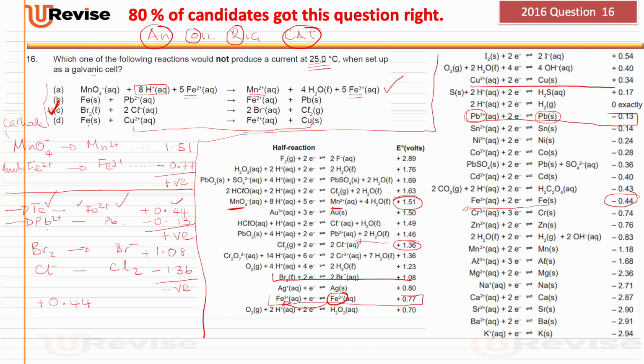It's right here. Copper 2 plus going to copper is plus 0.34. This is going to produce a positive voltage. So the only process that has a negative electrode potential is C, which means it would not produce a current. So my correct answer for this one should be C.